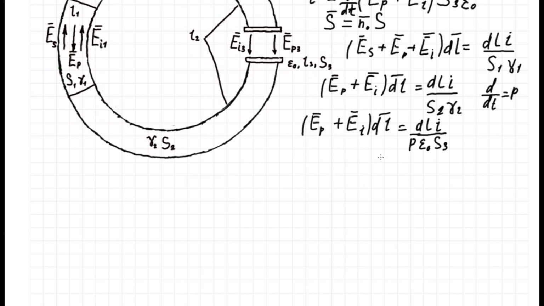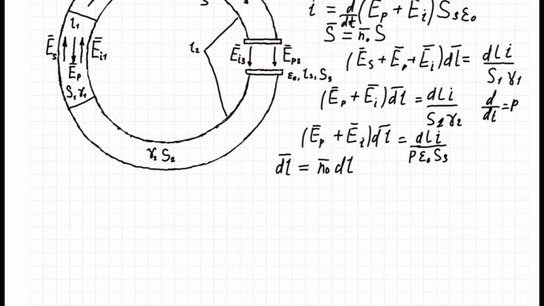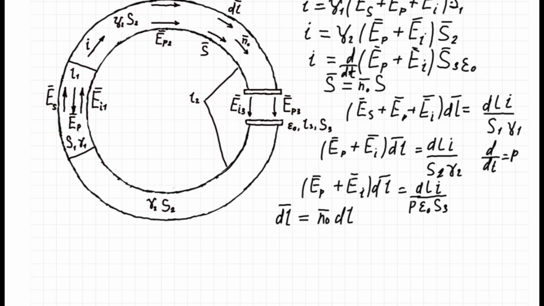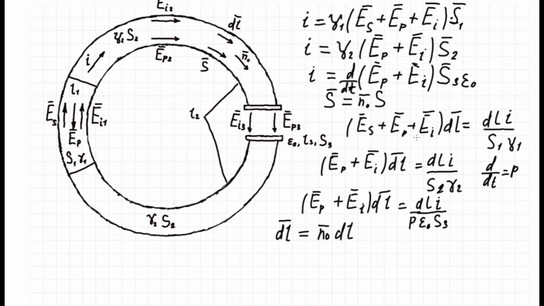And next, I forgot right here, d l equals unit vector n0 dl, and if we remember this, we can understand how in these equations we get dl vector.